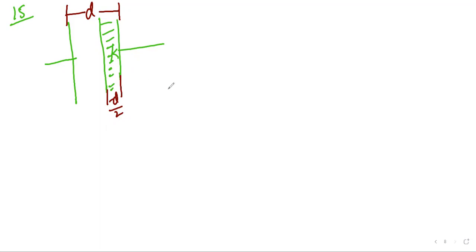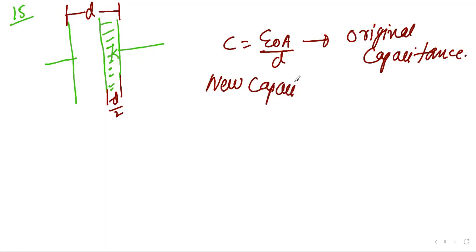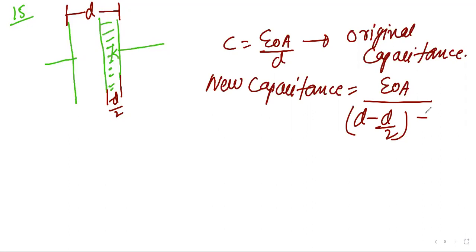Let's see. The original capacitance is given by C is equal to epsilon naught A by D. The new capacitance is equal to epsilon naught A by D minus D by 2 plus D by 2K.